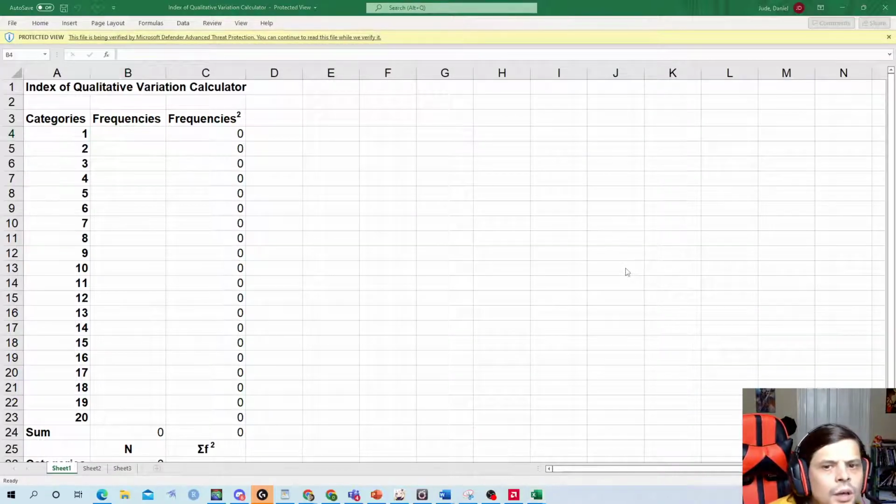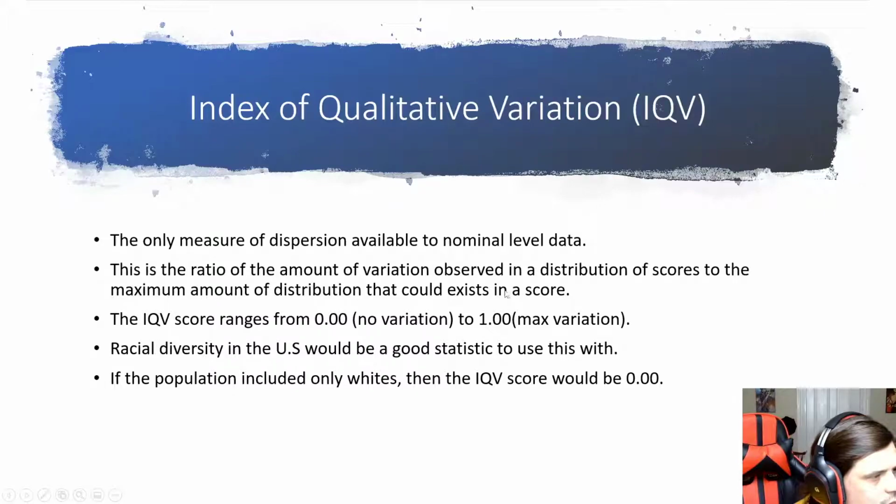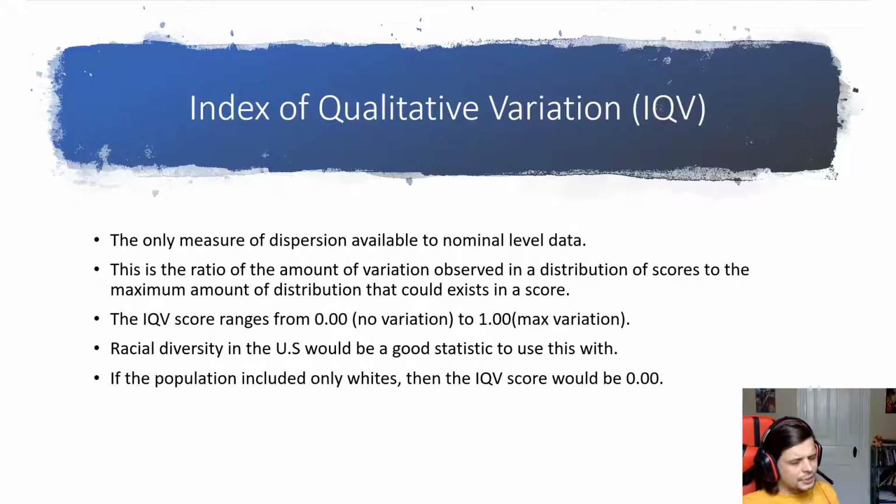Okay. So IQV is the ratio of the amount of variation observed in a distribution of scores to the maximum amount of variation that could exist. It gives a percentage value of how heterogeneous or homogeneous your data set is, or in other words, how much diversity is in your data set.